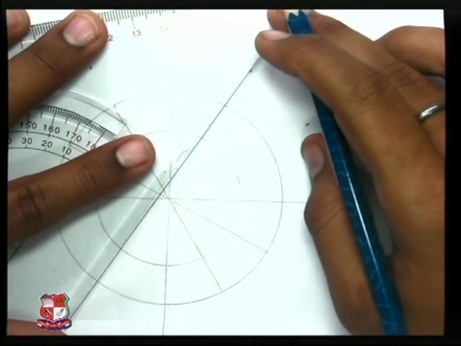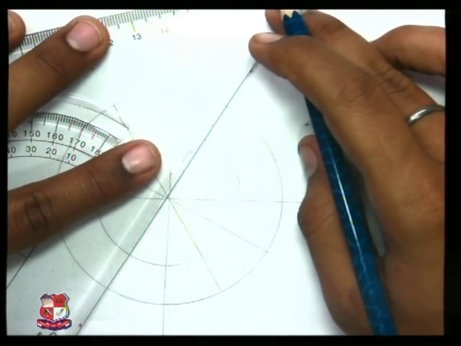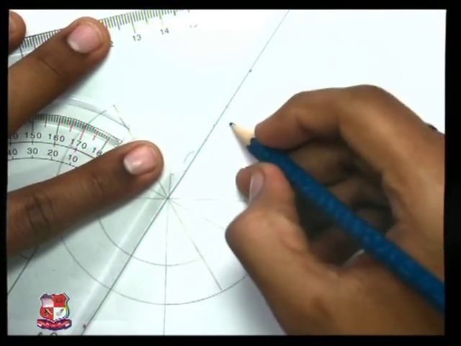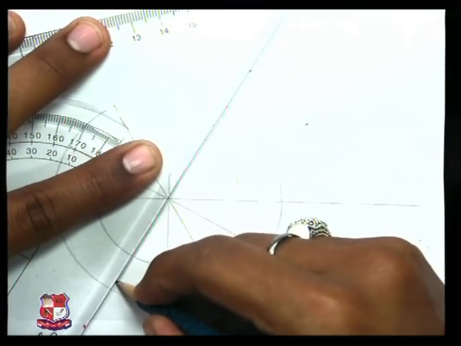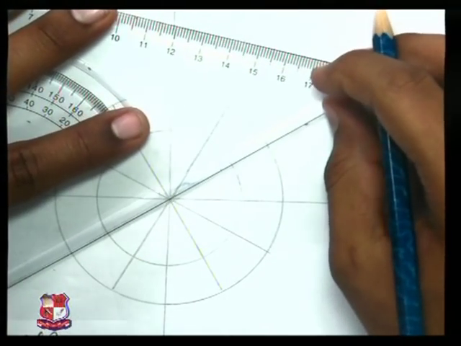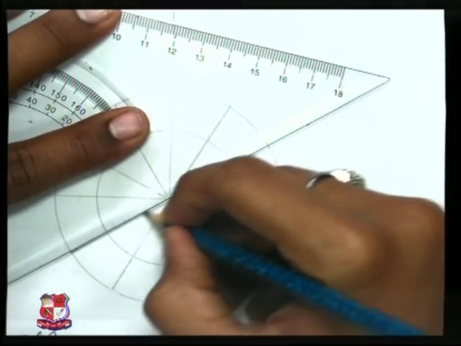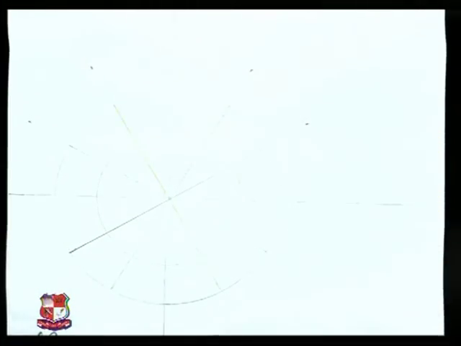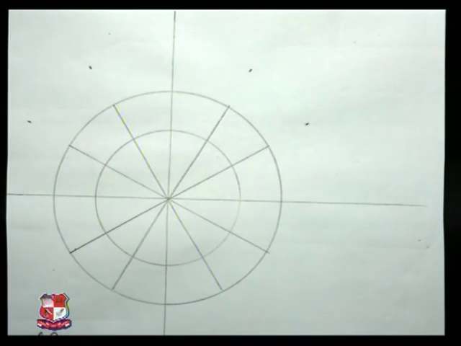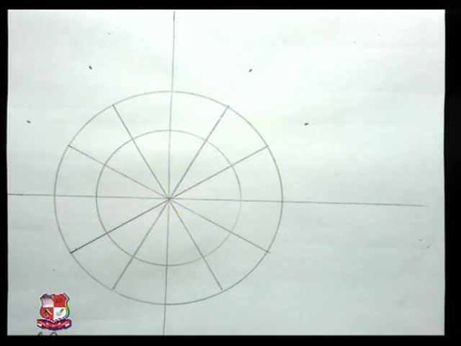We have divided the circle into 12 equal parts. Each part would be of 30 degrees.